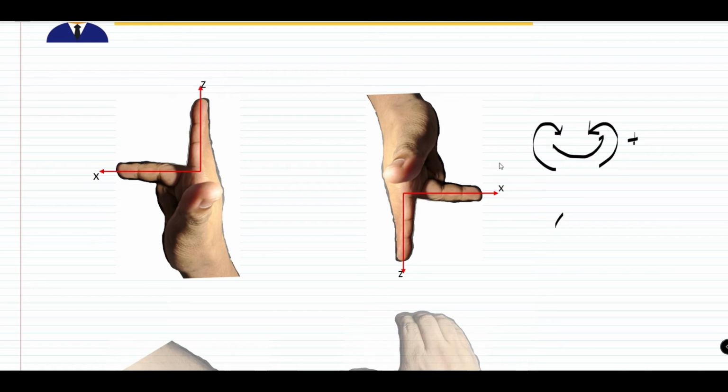Pero kapag nakasimangot yung beam, lahat ng rotations na pag ganyan is negative. So, with regards to the right hand rule, hindi ganun yung case. So, ang case sa right hand rule is tinitignan natin kung saang axis nandun yung thumb natin.